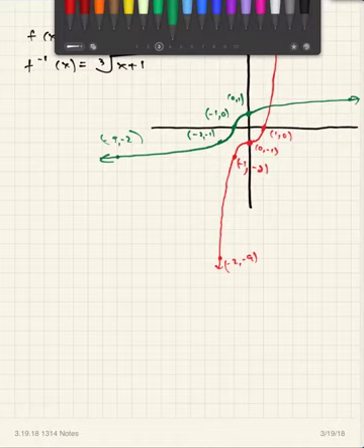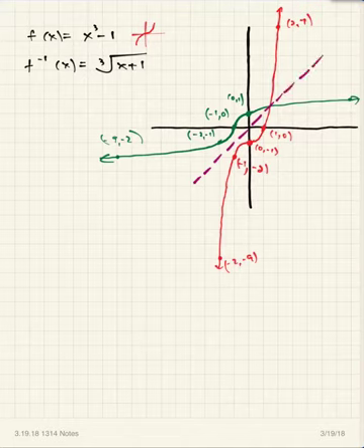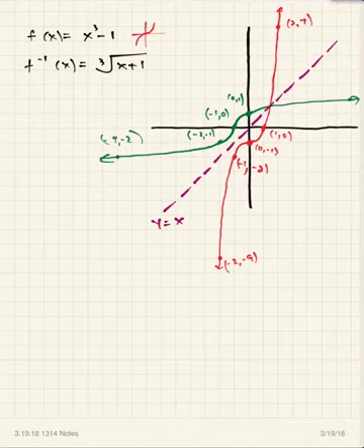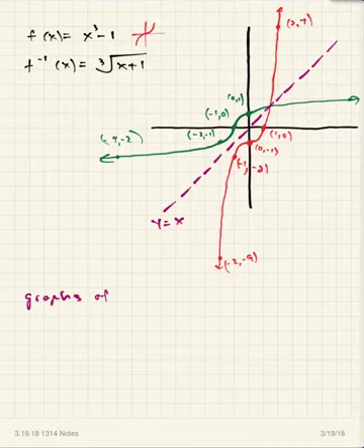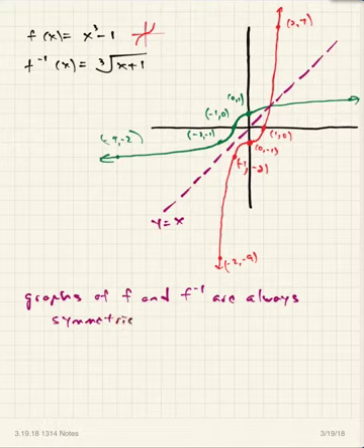And what happens is, if you look at those two graphs, there is a certain amount of symmetry involved there. In fact, these two graphs are symmetric around this line that goes through the origin where the x and y values are equal. That line has equation y equals x, and this is actually always true, that the graphs of f and f inverse are always symmetric about the line y equals x.